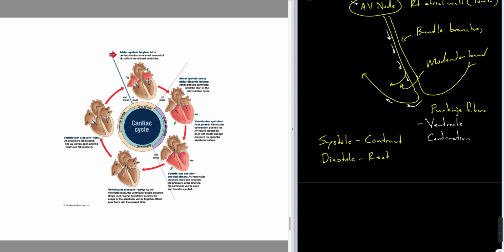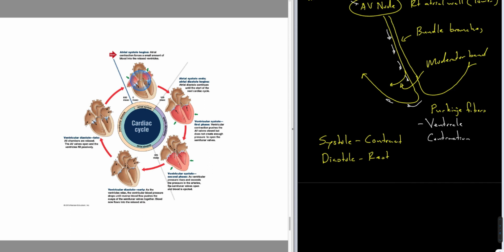So now we're back at ventricular diastole. As the blood is returning, enough force will open up the AV valves again, and then we start the cycle over. So we have contraction, contraction, followed by rest.